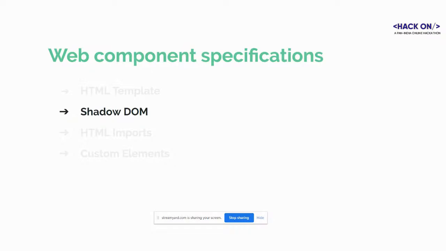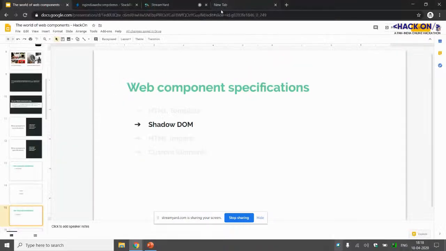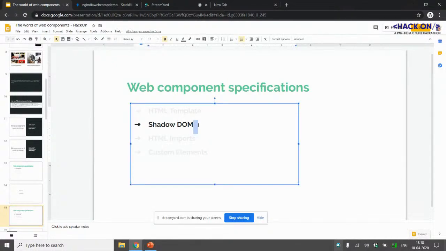Now, when you create this color picker element, it looks something like this. This element contains a div with a class called color class, and we close the div here.